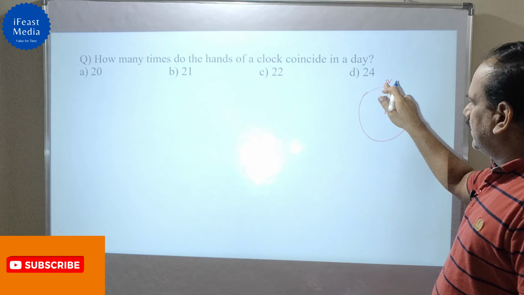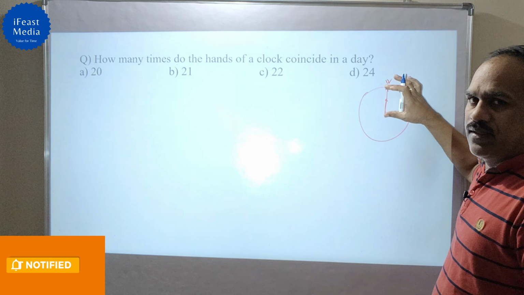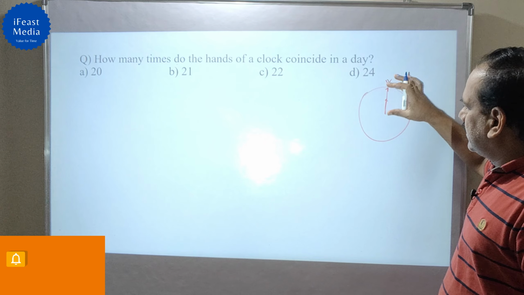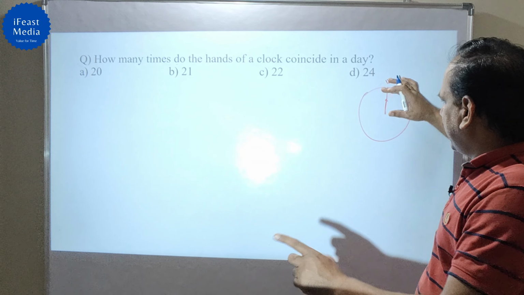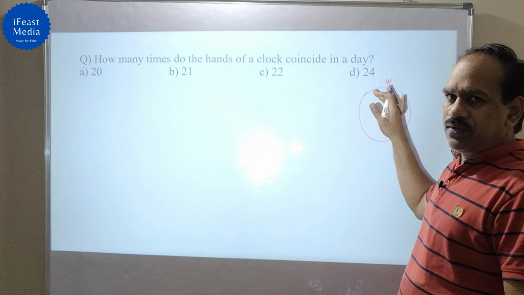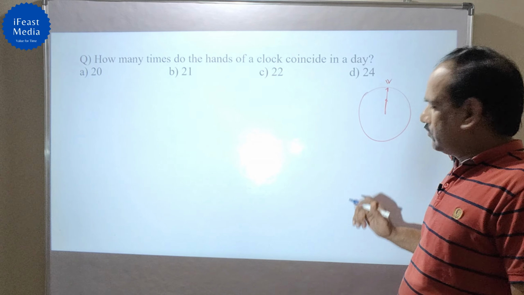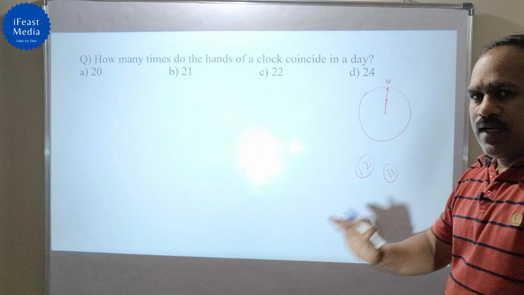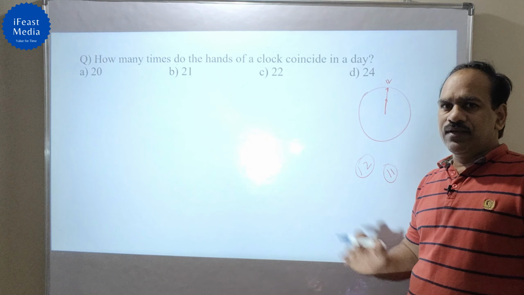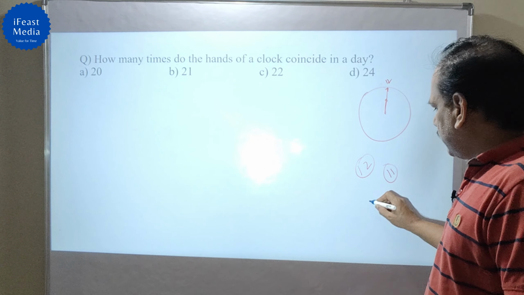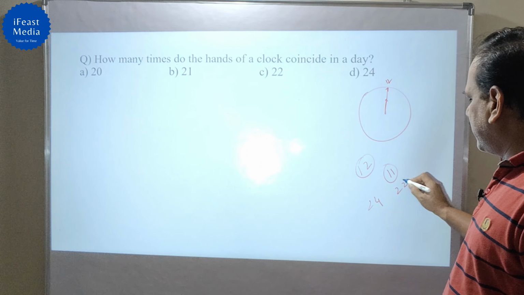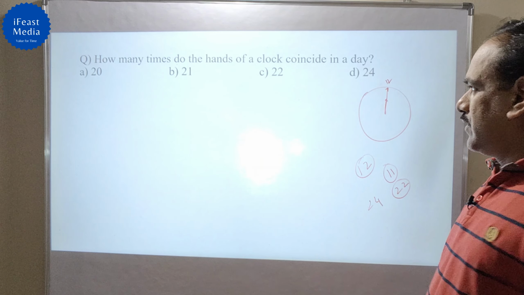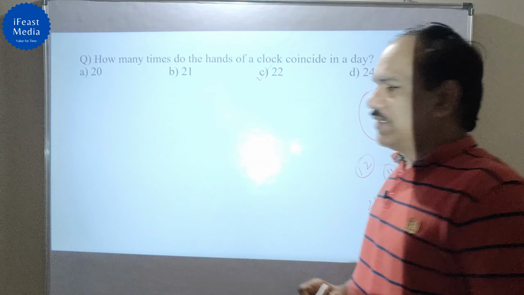After 12 hours, they will come back to 12 again, so this is already counted. When they come back to 12 after 12 hours, it should not be counted again. So, for every 12 hours, they will coincide only 11 times. In 24 hours, they coincide only 22 times, not 24. So this is the answer.